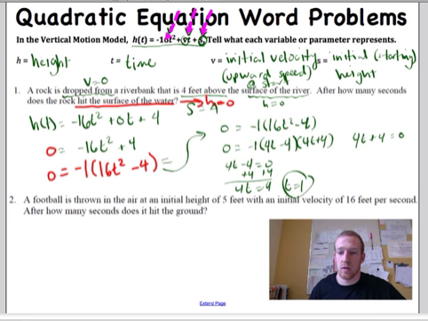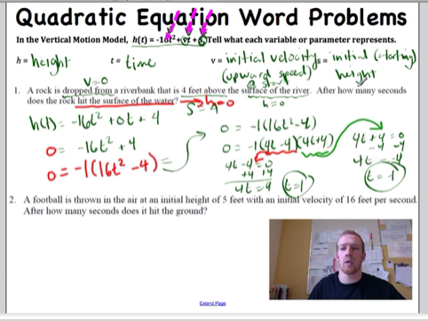Solving that, we get 4t equals -4, so t equals -1. Now we want to know the time. How many seconds does it take the rock to hit the surface of the water? We don't want negative seconds, so our answer is just t equals 1. That is our answer.